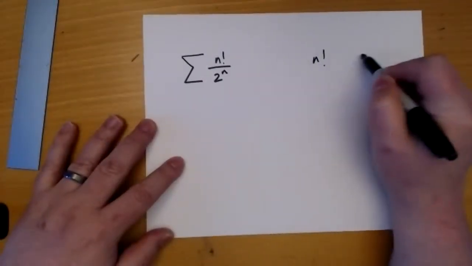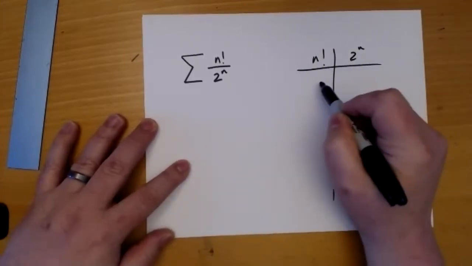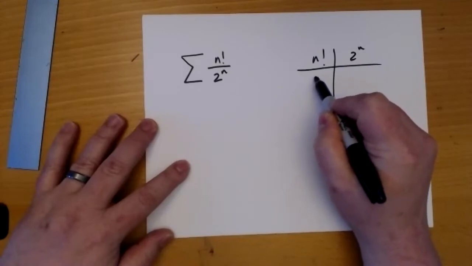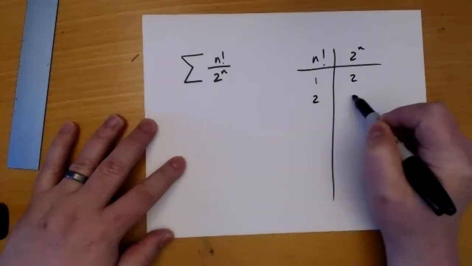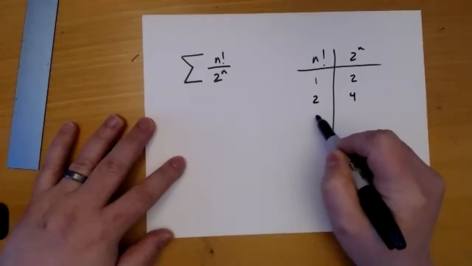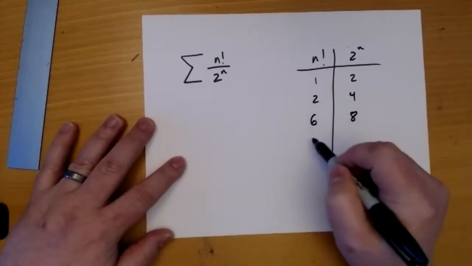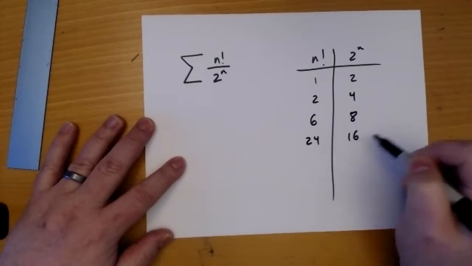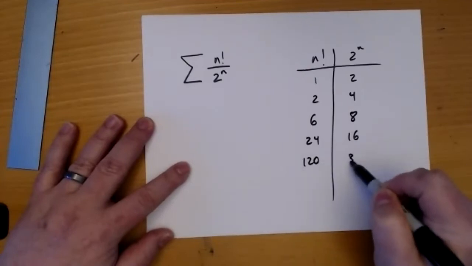So n factorial and 2 to the n. When n is 1, you have 1 factorial and 2. 2 factorial is 2 and 4. 3 factorial is 6 and 8. 4 factorial is 24 and 16. 5 factorial is 120 and 32.